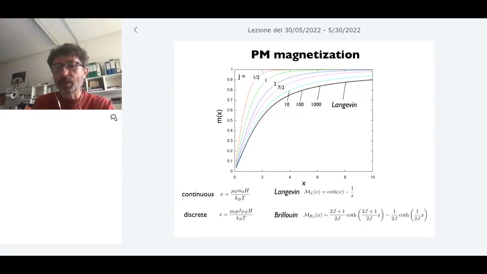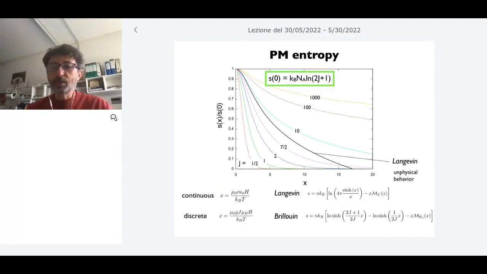So if you take the Brillouin curve for spin 1/2, which is here, or spin 1 or spin 2, and so on, and you increase, you find that the limit of the Brillouin curve for a very large spin is nothing else than the continuous one, the Langevin curve. So it looks very nice and convincing. But if you do the same for the entropy, this limit you cannot do anymore.